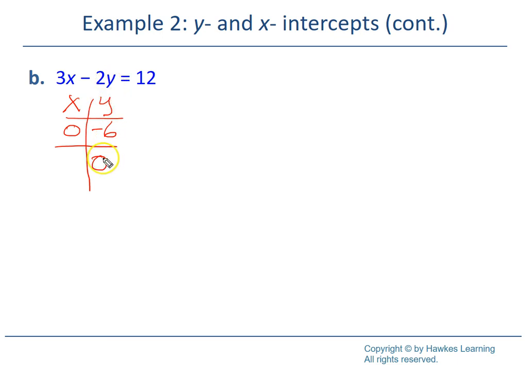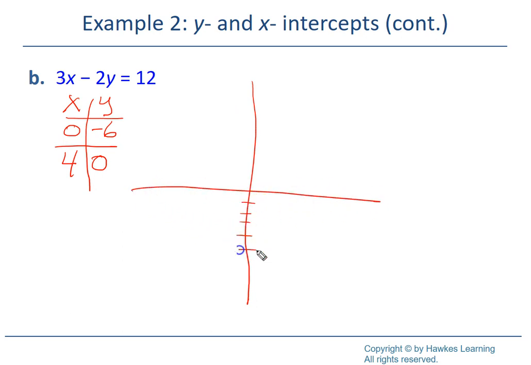And if y is a 0, this becomes a 0. Divide both sides by 3, and you get 4. And then to graph it, it's going to be 0, 6. 1, 2, 3, 4, 5, 6. And then 1, 2, 3, 4. And then there's your line.